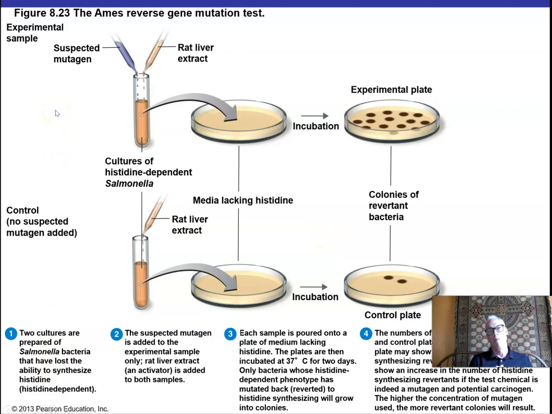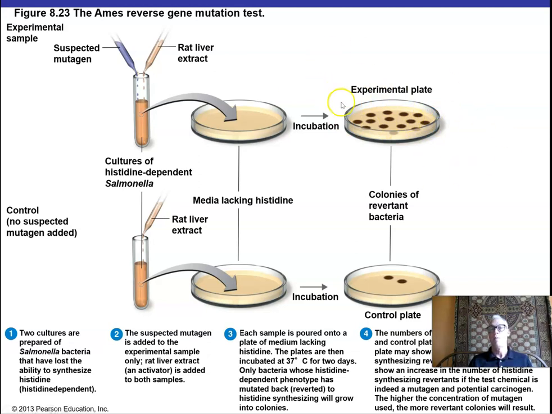So let me see if I can clarify that one more time. In order to test a chemical for being a mutagen, enhancing the rate of mutations, we'll take some experimental bacteria that can't synthesize histidine, add the mutagen, which might then cause some mutations that restore the ability to metabolize histidine, mix with rat liver extract, and voila, get all these colonies which are revertants, meaning they're back to the old wild type capability of synthesizing histidine.